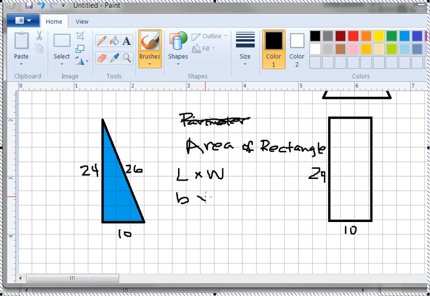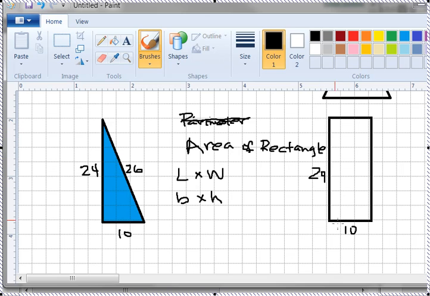Not length times width, but base times height. I totally agree with you.